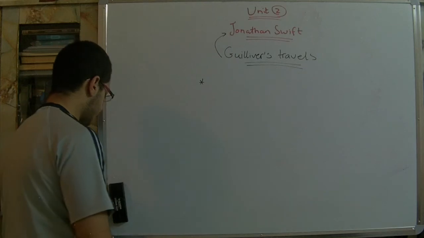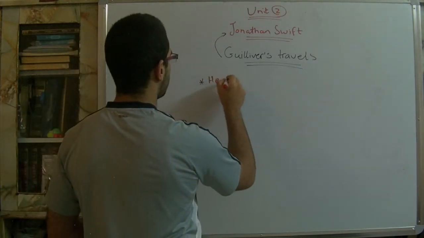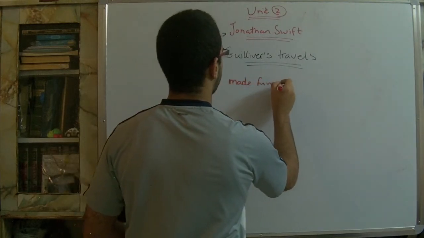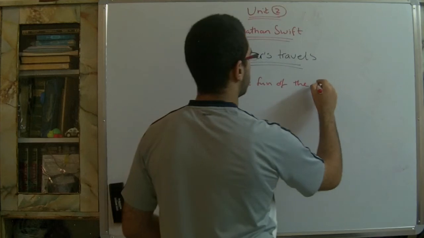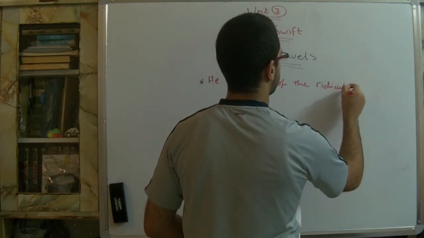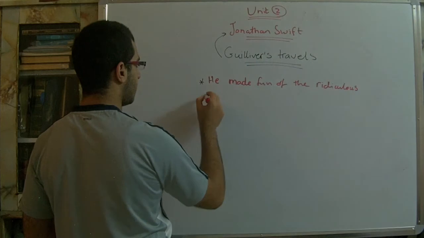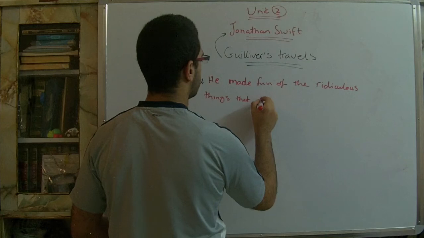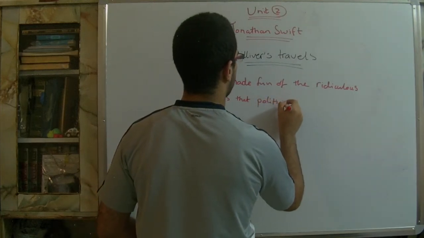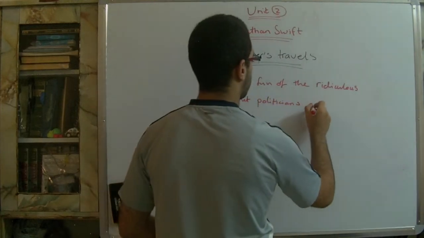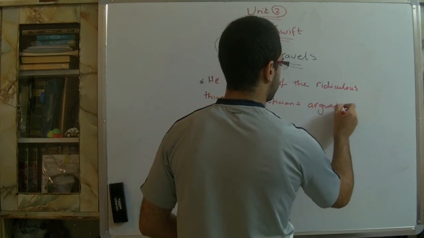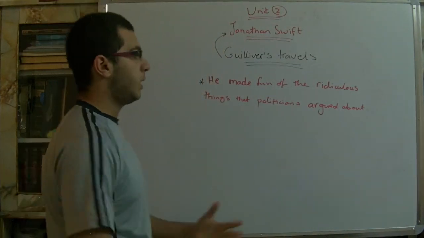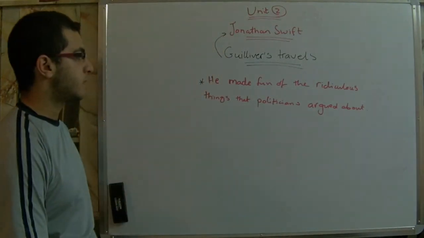So he made fun of the ridiculous things that politicians argued about, and as an example for this, he gave the people of Lilliput small minds as small bodies.